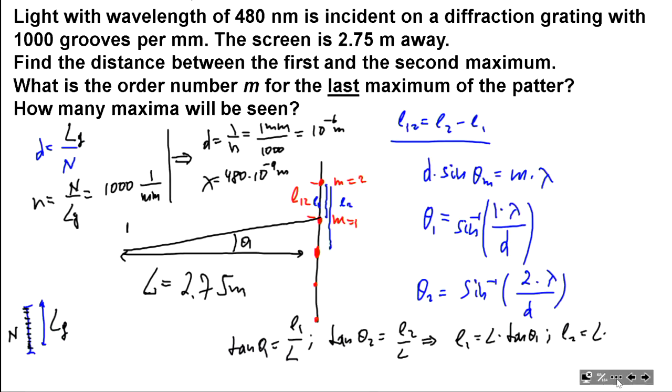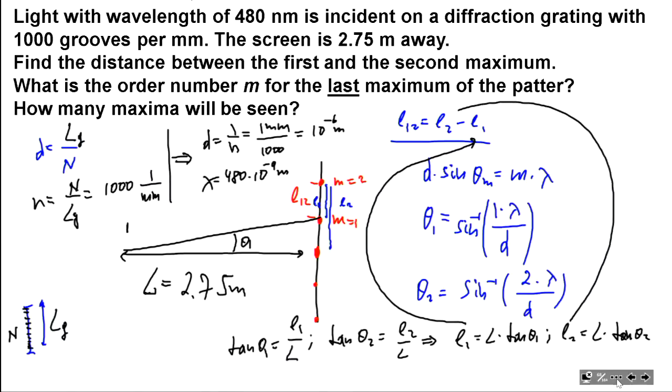L2 equals distance times tangent of the second angle. And finally now, we just calculate the difference, the actual mathematical difference. We cannot use approximations. I'm not going to do this calculation now.